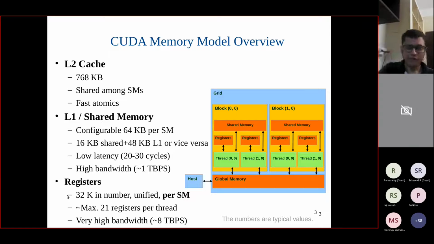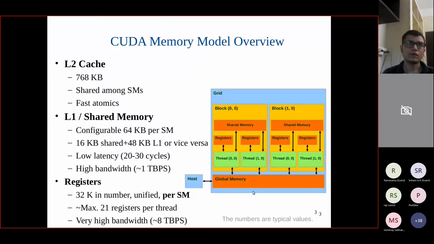L1 cache, which is shared memory, is shown here, as well as the registers, but L2 cache is not shown, which falls somewhere in between the global memory and the shared memory. It's common across all the threads, in the same way as it is for global memory. So it falls somewhere here. Common across all the threads, but its size is very small compared to the global memory.